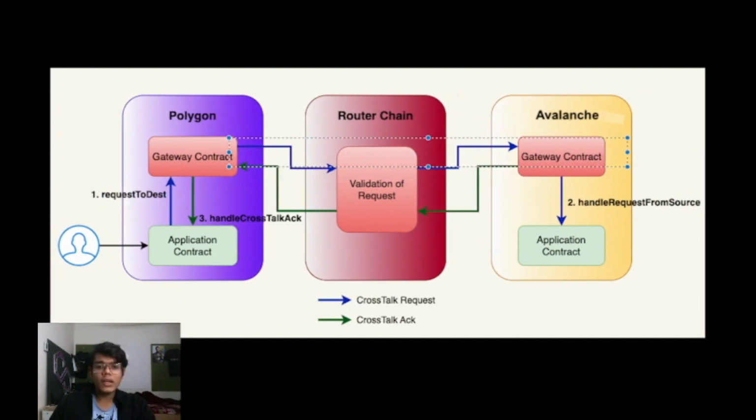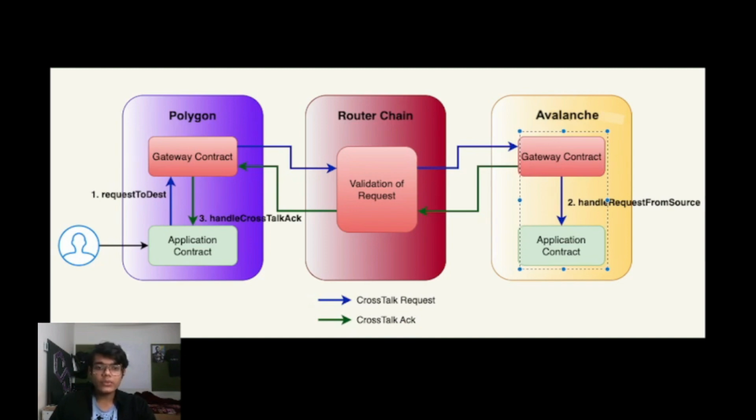Next is the handle request from source. It is used to send the request with some message from the gateway contract to the application contract on the particular chain. This is where it executes all the functions defined in it and then will return the data.